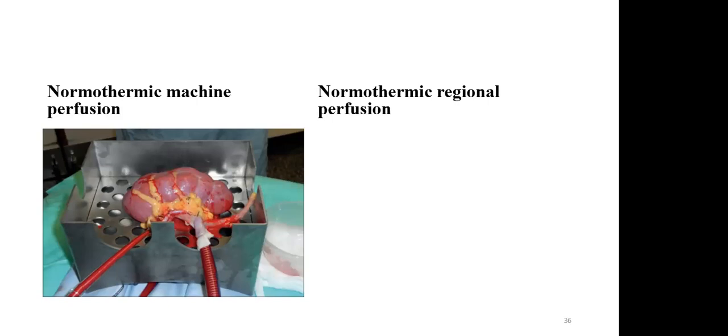Then the last one is the normothermic regional perfusion. Here it is used in donation after circulatory death. So after a cardiac arrest, the desired organ is cannulated and then the patient's blood is circulated through the organ.